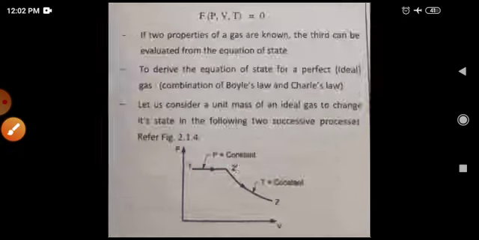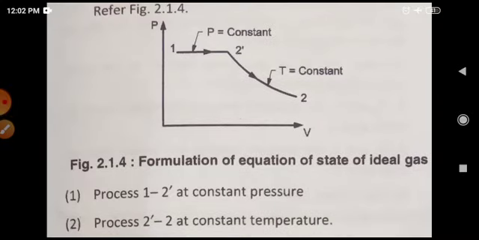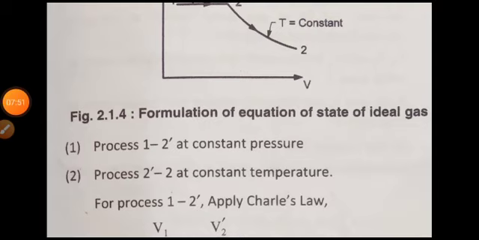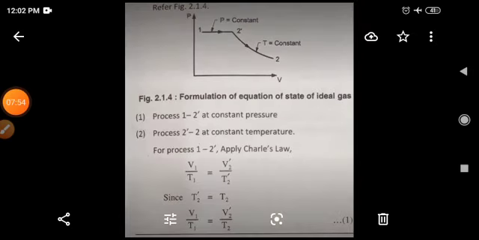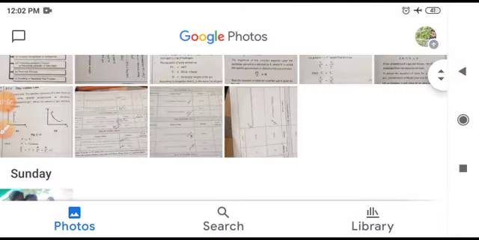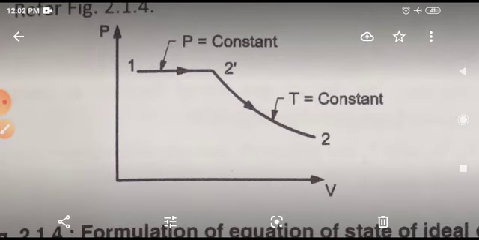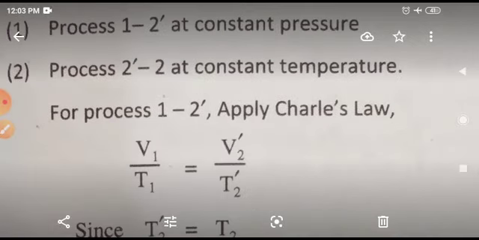We have to derive the equation. You can see here, process 1 to 2 dash is a constant pressure process, and 2 dash to 2 is a constant temperature process.